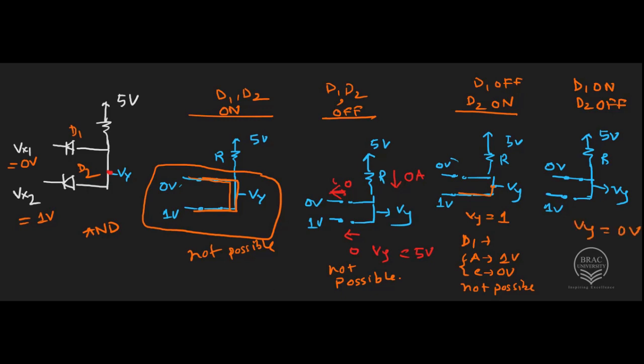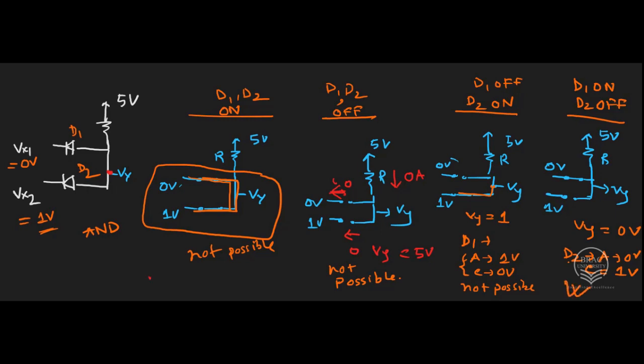Now if Vy is 0 volt, then for D2 the anode voltage is 0 volt and the cathode voltage is 1 volt. So anode voltage is less than the cathode voltage, and as assumed it will be off. So this is the case.